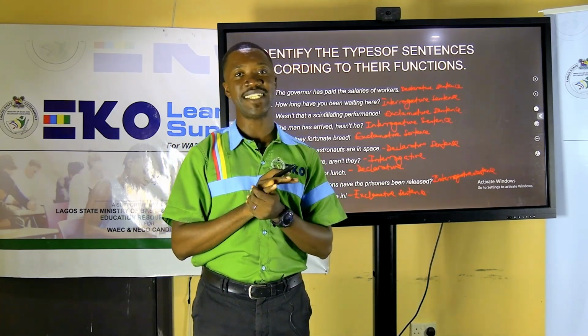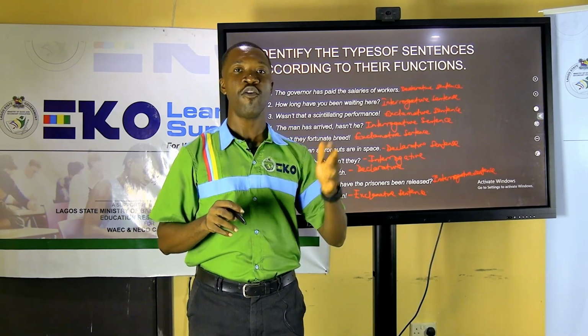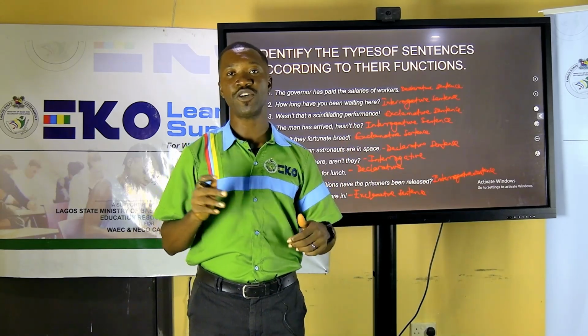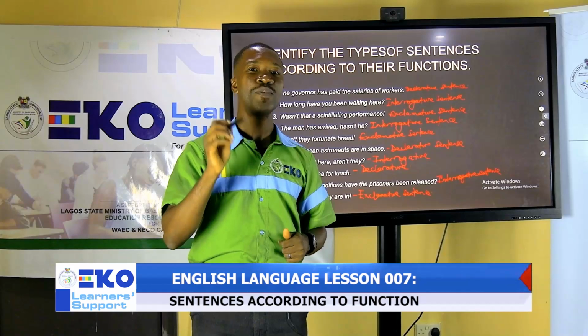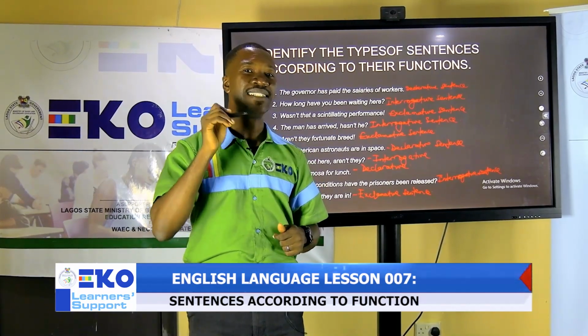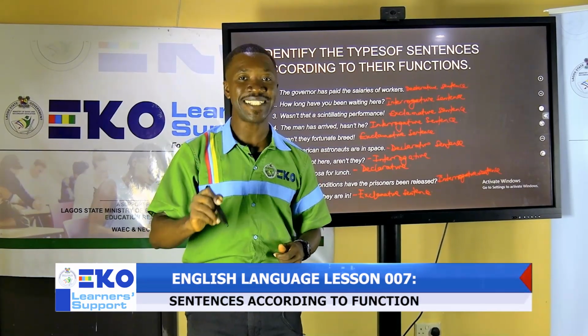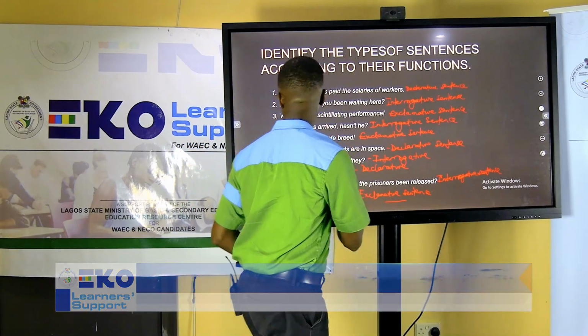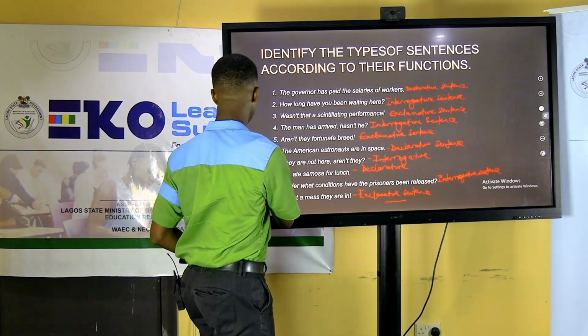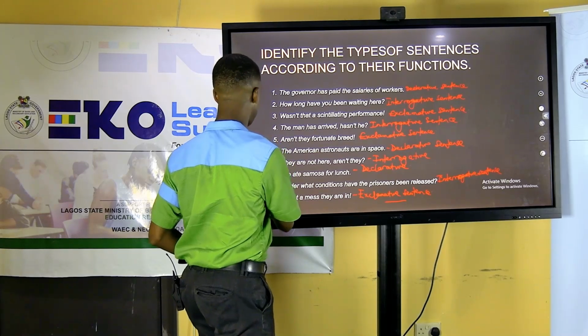When you start writing as students, most especially for our WAEC examination and NECO examination, it is important for you to be able to identify the types of sentences you are writing according to the functions they perform.